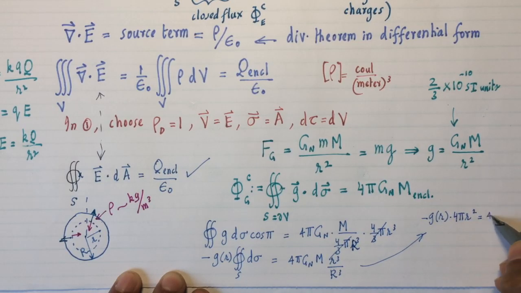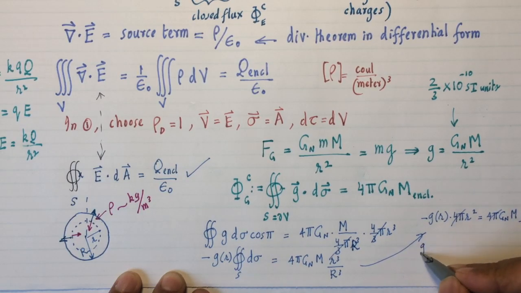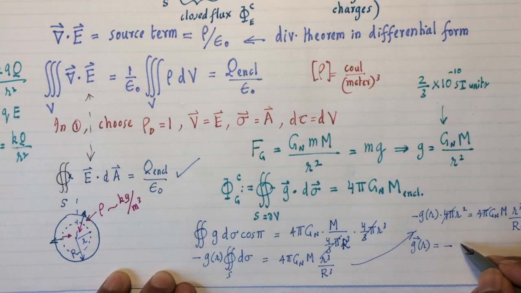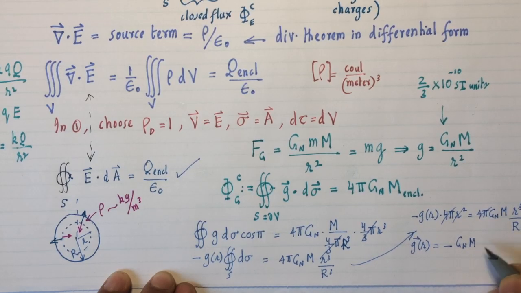And that's equal to 4 pi G_N M r cubed over capital R cubed. The 4 pi's cancel out, and I'm left with this amazing result that the gravitational field inside the Earth, or any other planet, if you will, I'll transfer the minus sign over to the right side, is negative G_N M over R cubed times r. So it is proportional to r.